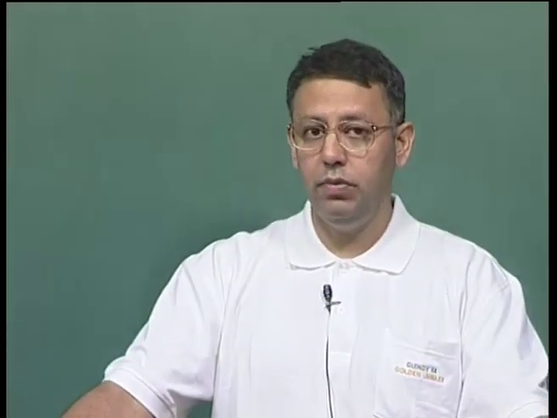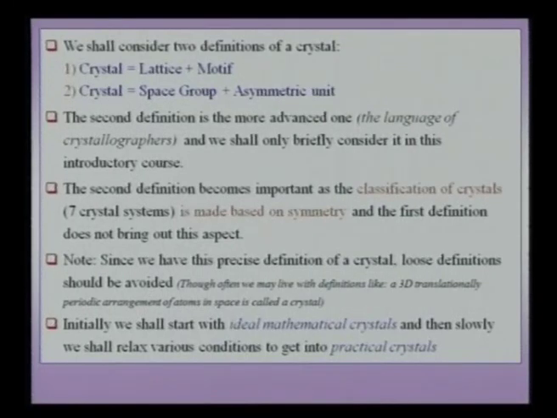The second definition, which we had briefly mentioned, and perhaps we will not go into a lot of detail in this course, is the definition of a crystal wherein we invoke the concept of a space group and an asymmetric unit. So a crystal, according to the second definition, is a space group plus an asymmetric unit.